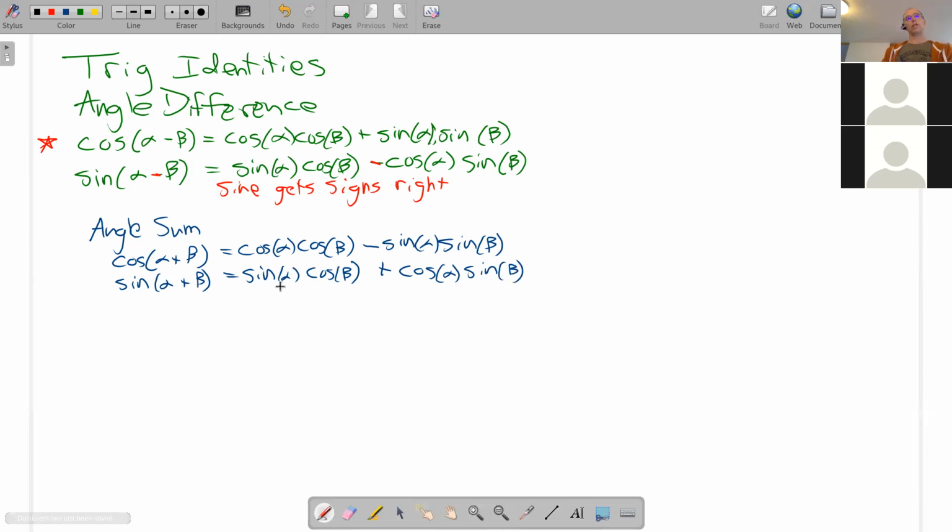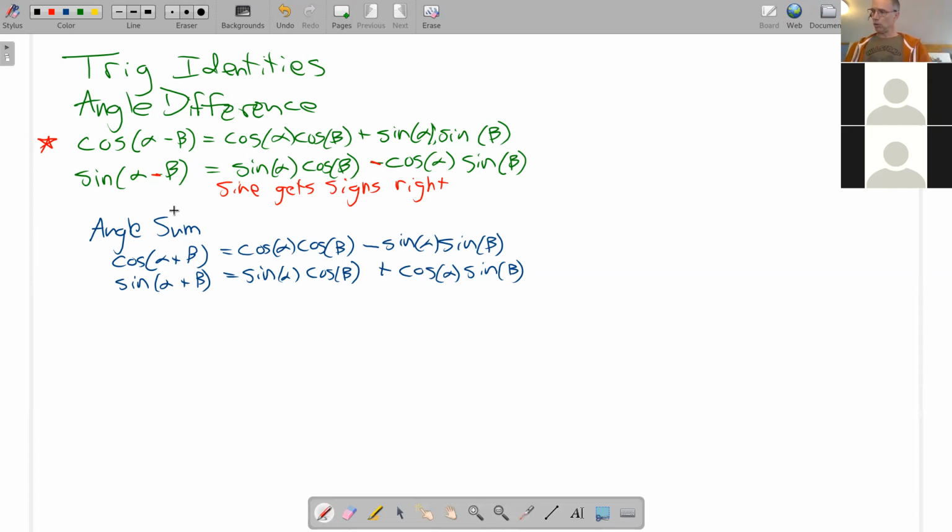And notice for the sine, when we get to the second one, we switch the order of the trig function. So here sine had alpha, and now over on this other side, sine has beta, right? So things have to get mixed up there a little bit. So those are the angle sum and angle difference formulas, and they're going to allow us to find some other special angle values that we'll see in a little bit.